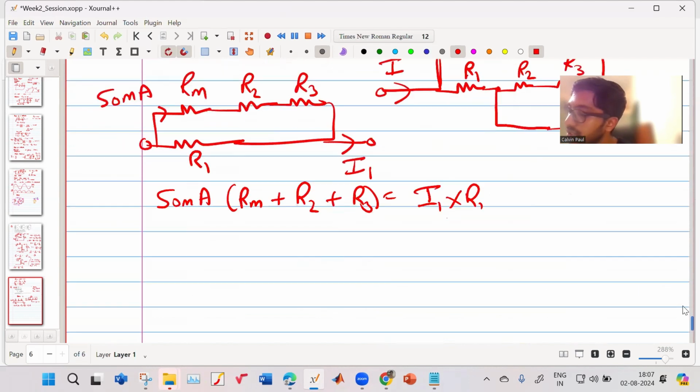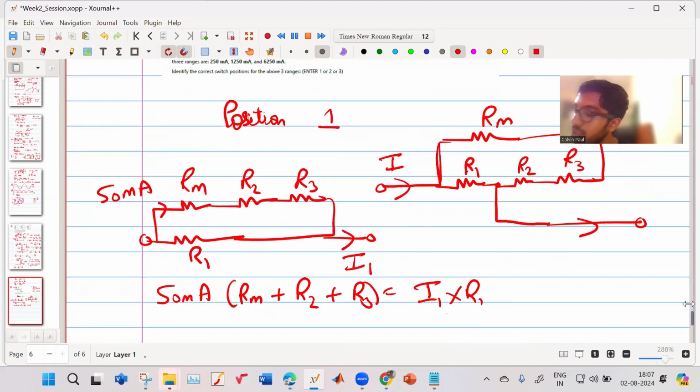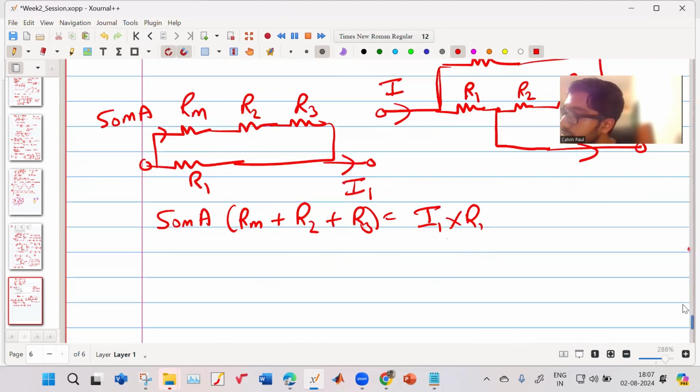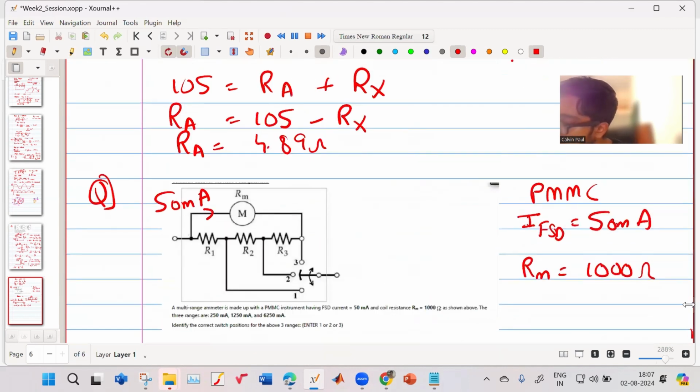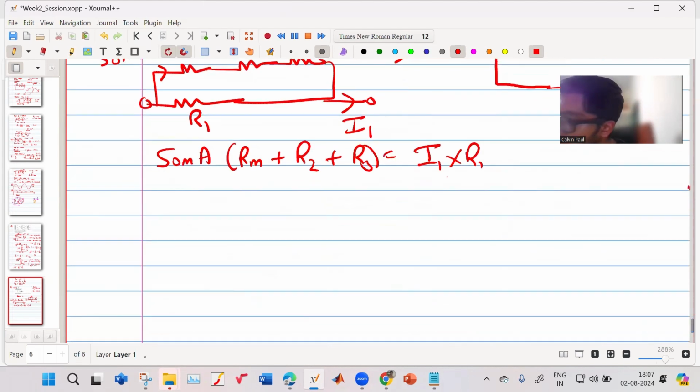So now let us try another position. There is position 2. In position 2, this part gets connected.